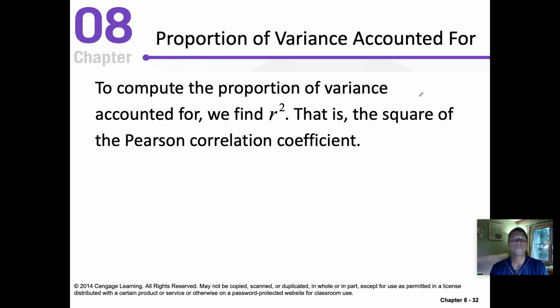Okay. So to actually compute the proportion of variance accounted for, we have to calculate r squared, which is the square of the Pearson correlation coefficient. So we calculate the Pearson correlation coefficient, and then square it. And that's the first step in calculating the proportion of the variance accounted for.